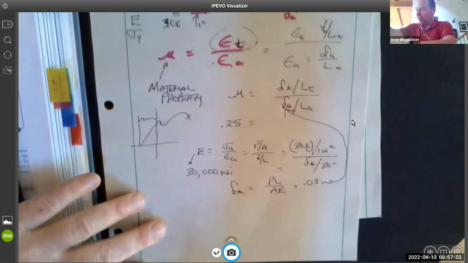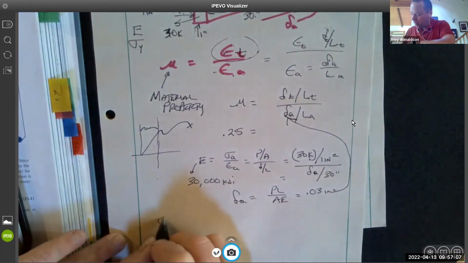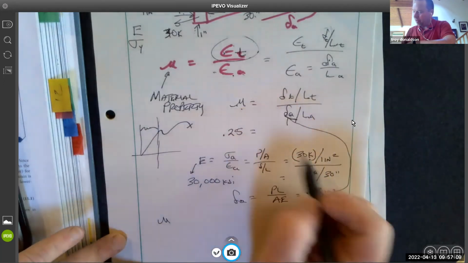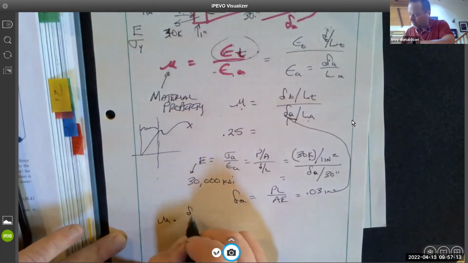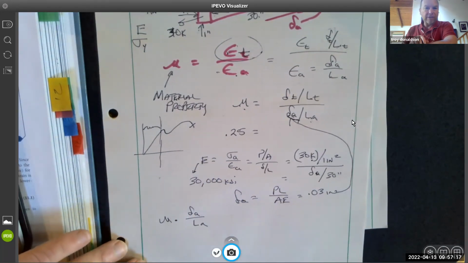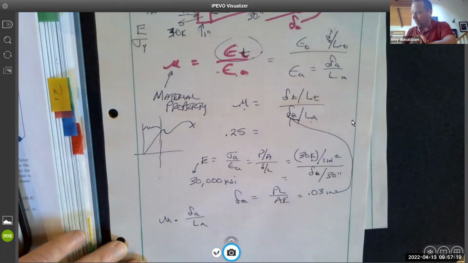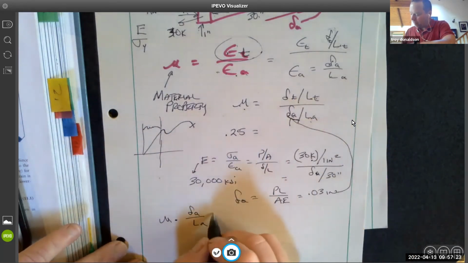So I'm going to rewrite this equation solving for this. So I'm going to have mu here, and then this is just going to move over. So I'm going to go times the 2 axial. And you need your axial notation on this, right? That's important. And then this multiplies across.